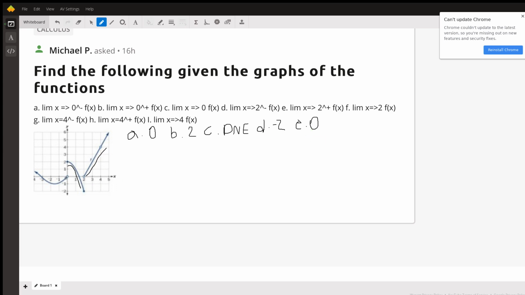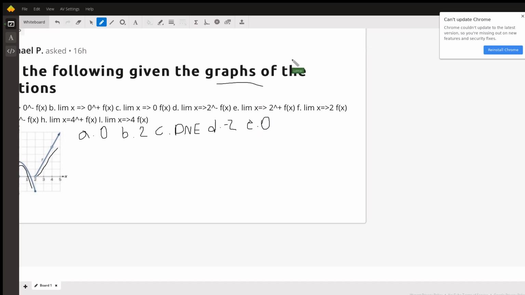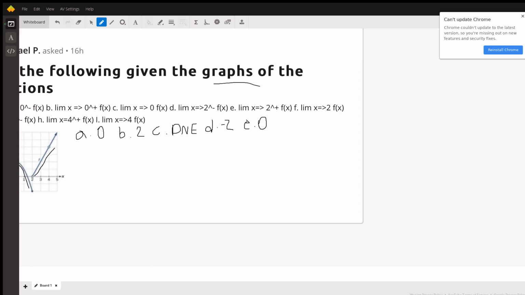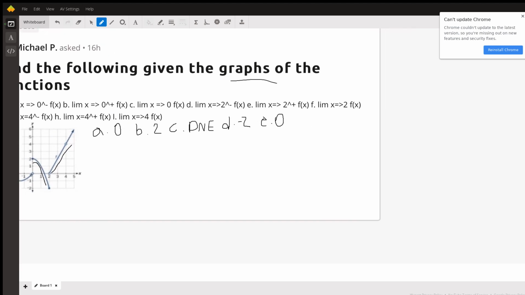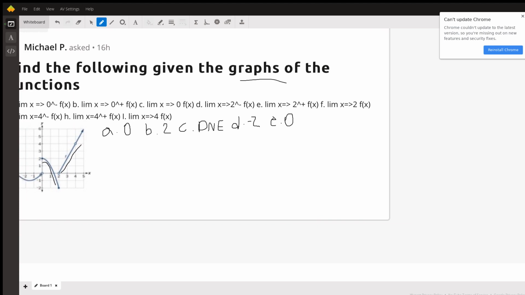And for F, let's see what we got here. We have the limit when x is nearing 2.